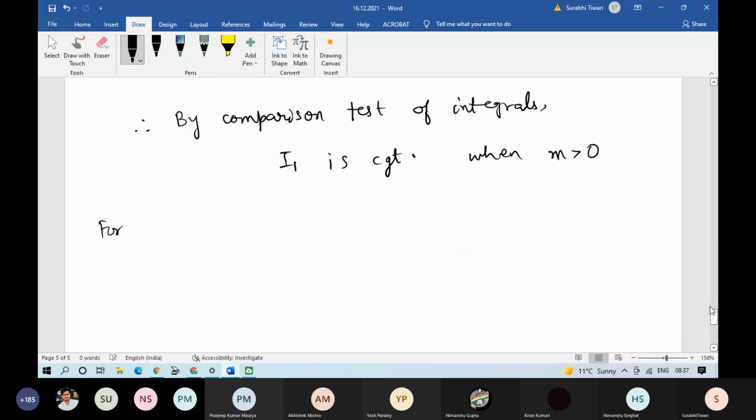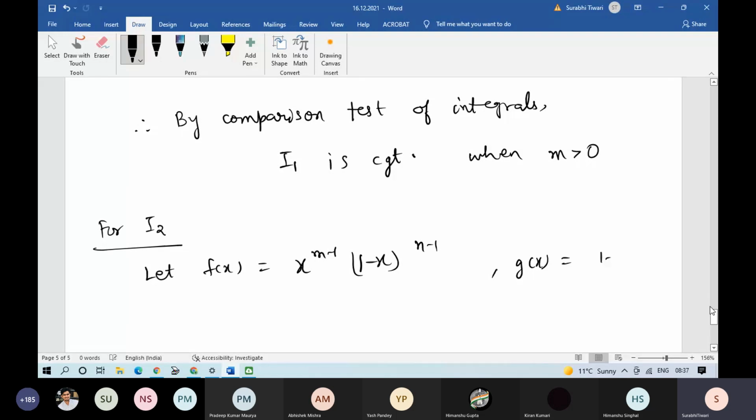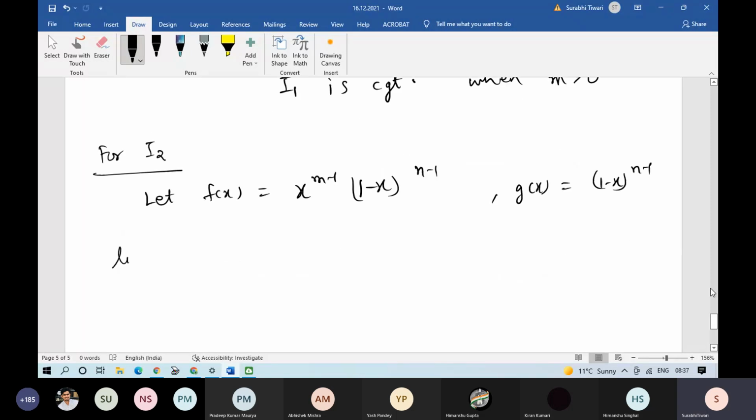Now for I2, similarly, let f(x) be equal to x to the power of m minus 1 times (1 minus x) to the power of n minus 1, and g(x) be equal to (1 minus x) to the power of n minus 1. Now you take the limit as x tends to 1.